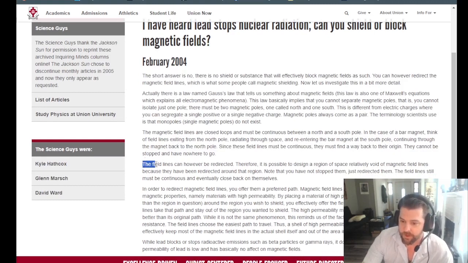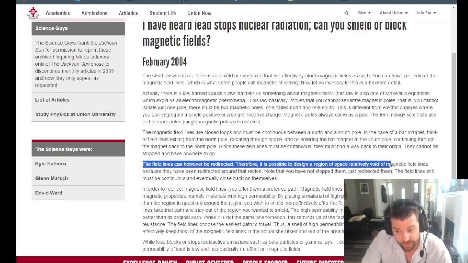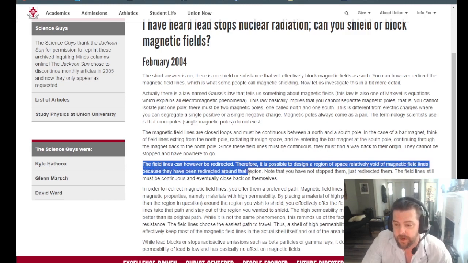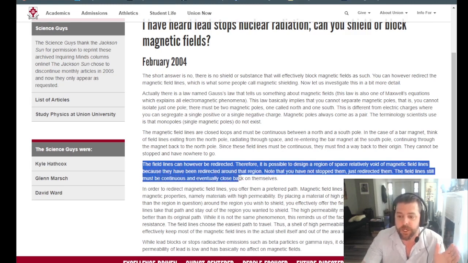They do say the field lines, however, can be redirected. Therefore, it is possible to design a region of space relatively void of magnetic field lines because they have been redirected around that region. Note that you have not stopped them, just redirected them. The field lines still must be continuous and eventually close back on themselves.